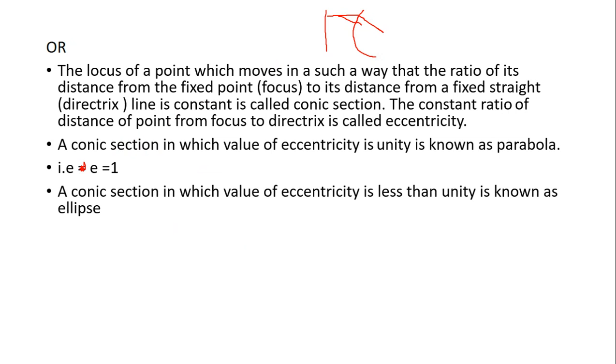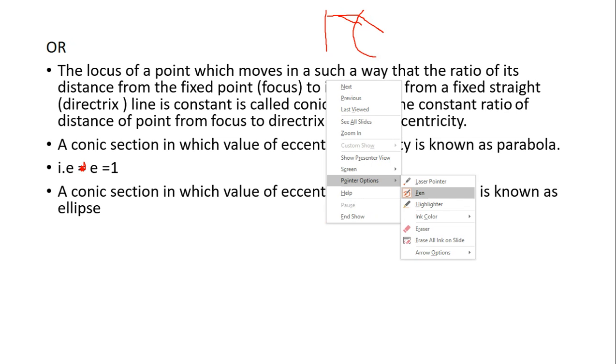A conic section in which the value of the eccentricity is less than unity is known as ellipse. In the case of ellipse, the value of the eccentricity is lesser than 1.